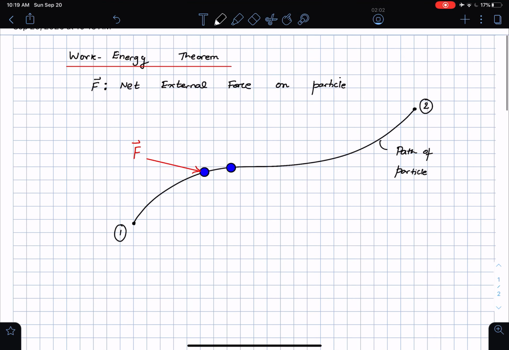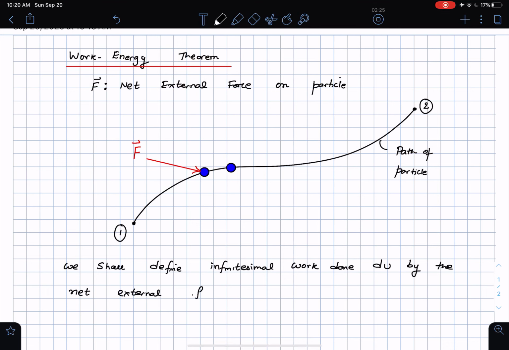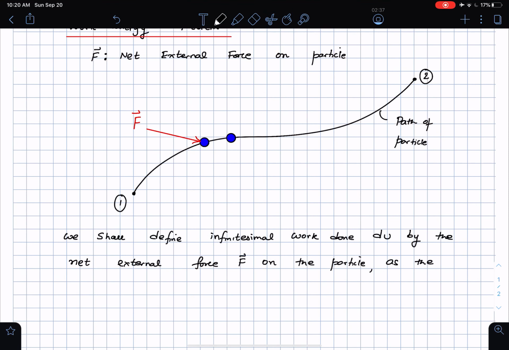So we shall now define the infinitesimal work done, dU, by the net external force F on the particle as the particle is displaced by an amount dr in a time dt. Okay, this is infinitesimal time.